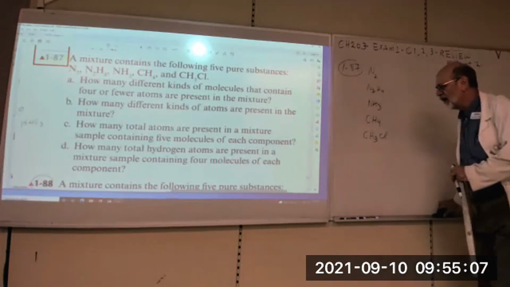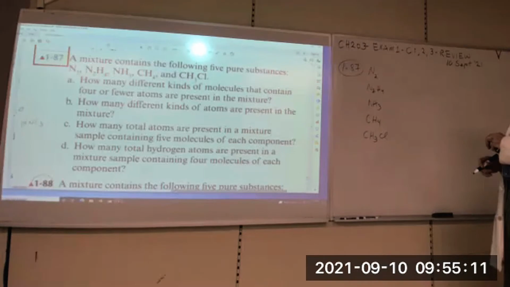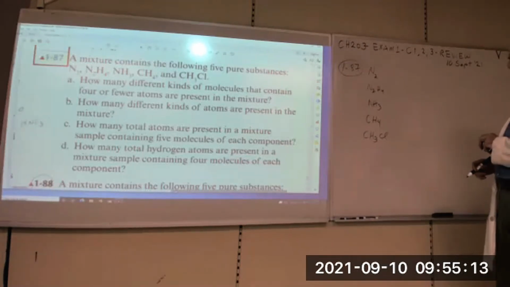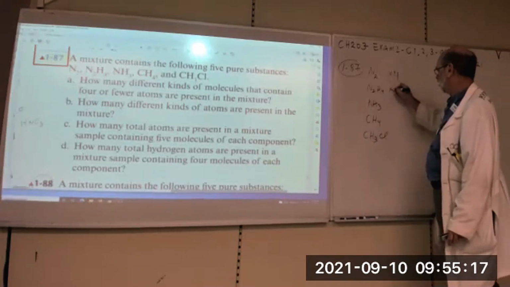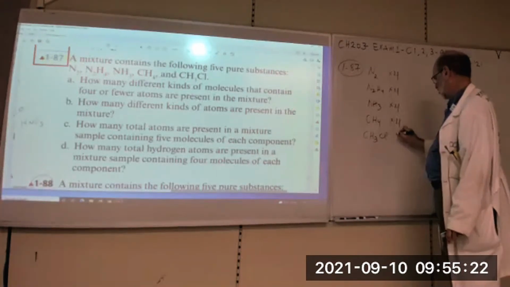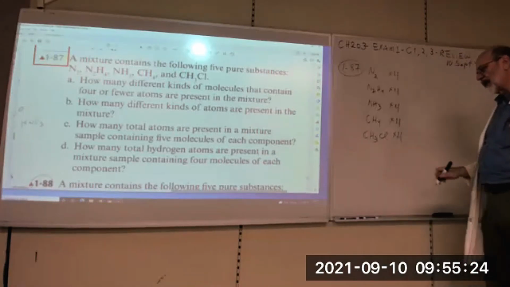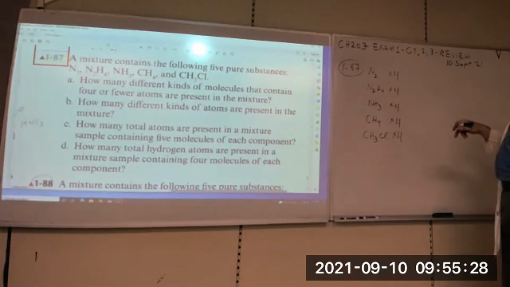Okay, one more. How many total hydrogen atoms are present in a mixture sample containing 4 molecules of each? Now instead of 5, it's 4. Okay, 4 molecules of each. Total hydrogens.